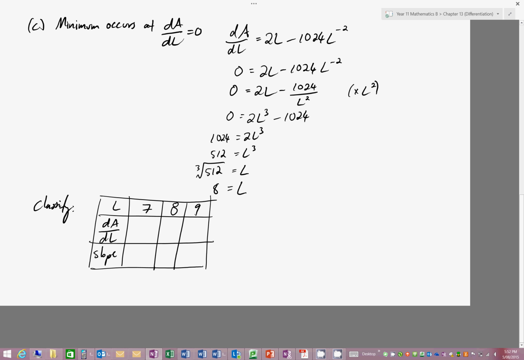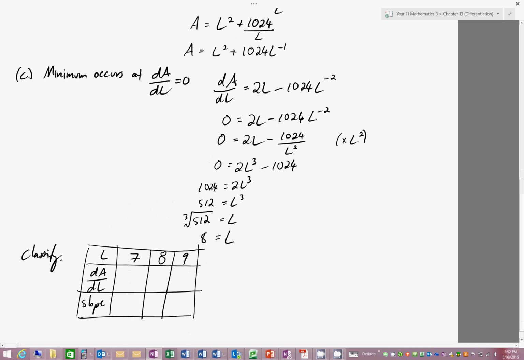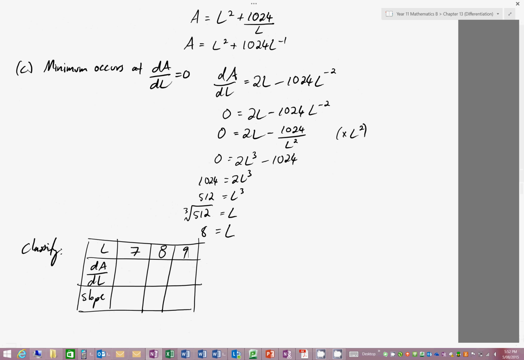I'm going to evaluate the slope at these 3 points to see what's happening around the point. I'll substitute 7 into the dA/dL slope function.